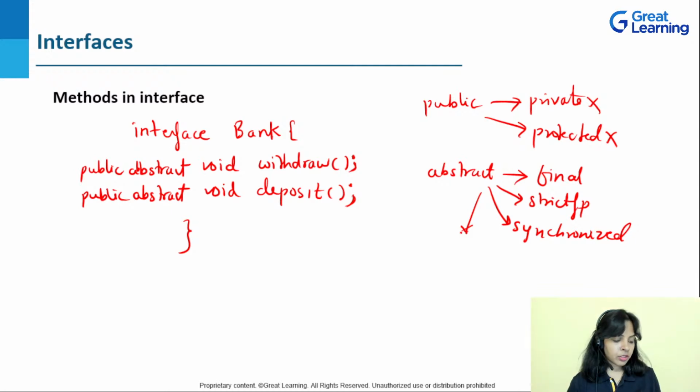These cannot be used. And then you cannot use static. You can't use native also. So these are the keyword modifiers, not access modifiers, which you can't use with these methods inside an interface. So it can't be that the same method is abstract as well as final. A method cannot be static as well as abstract. Clear? So these are very important tips which you can remember to answer many questions asked in the interviews.